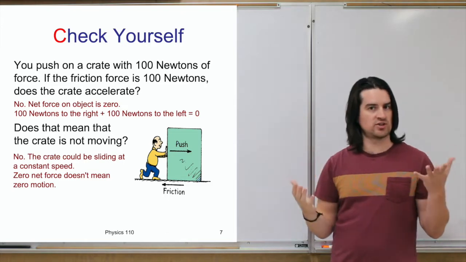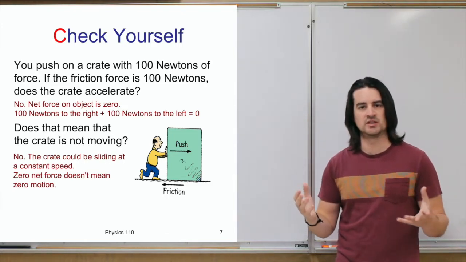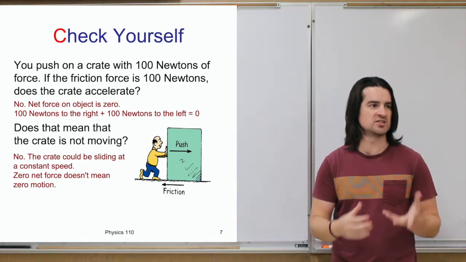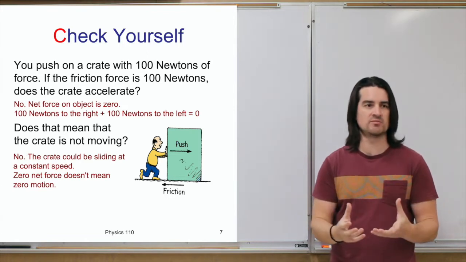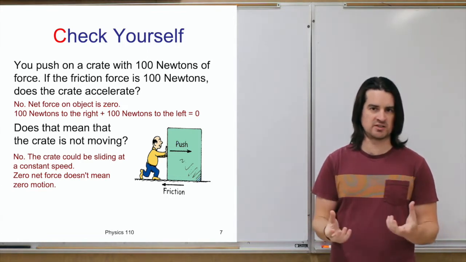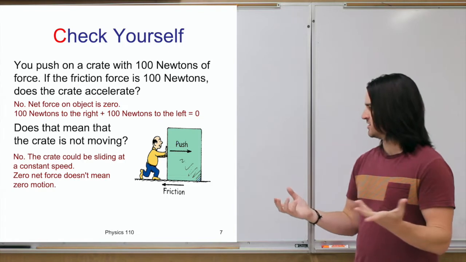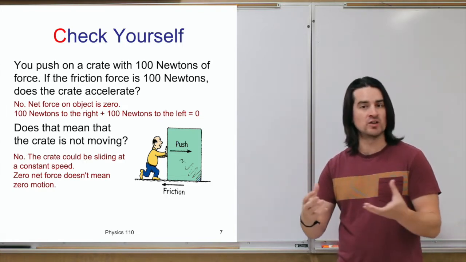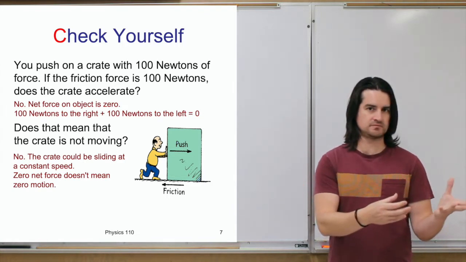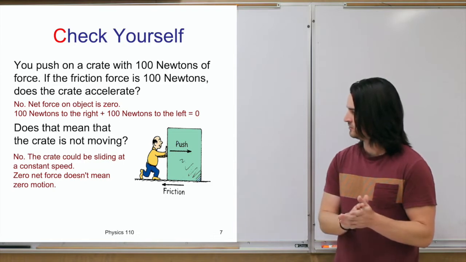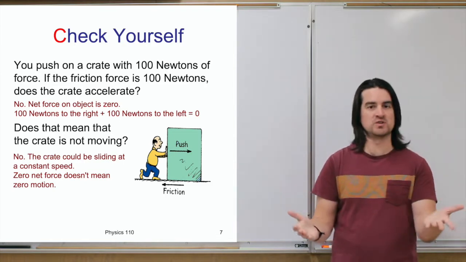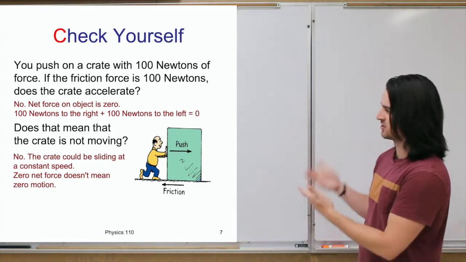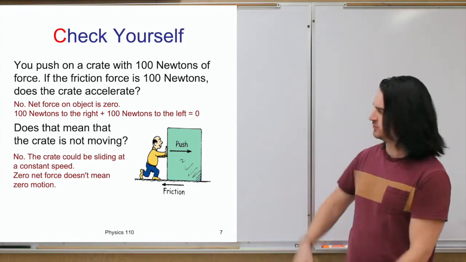No, it doesn't necessarily mean the crate's not moving. All that tells us is that the object is not accelerating, meaning it's not changing its velocity. So the object could be moving at a constant speed. It also could be not moving, but it doesn't necessarily imply that this crate is not moving.